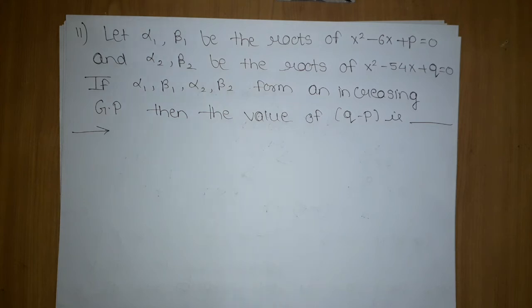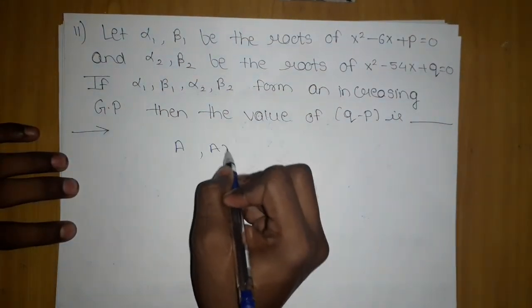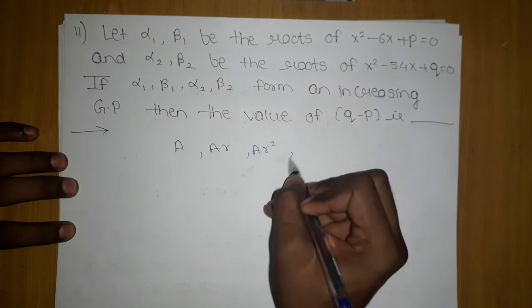If you take a normal GP, which is a by r, a, ar, like that, three terms or four terms, then confirm it is wrong, because they are telling it is an increasing GP. Brother, you should take it like this: a, ar, ar square, ar cube.